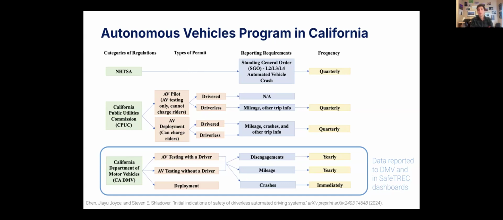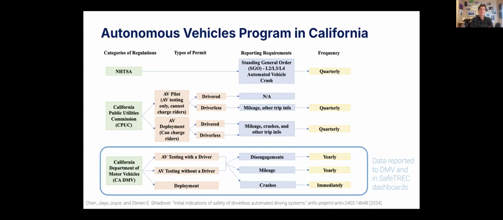We're talking about a company that is establishing their technology and testing it. That vehicle must be permitted by the California Department of Motor Vehicles under a testing permit. Those testing permits can come with a driver requirement, which is how they start, or without a driver, relaxing that requirement that you have a driver.